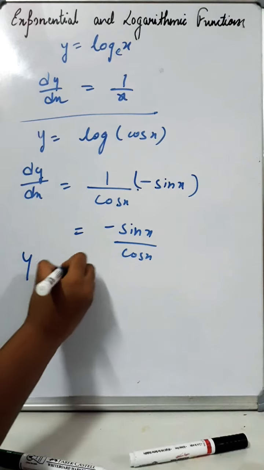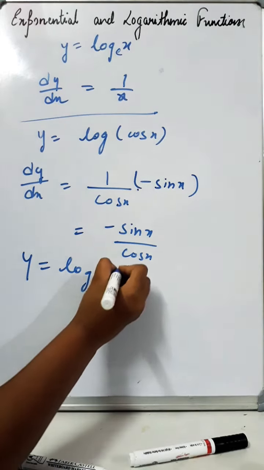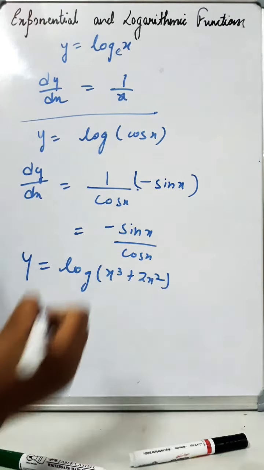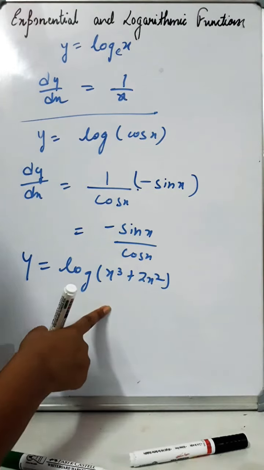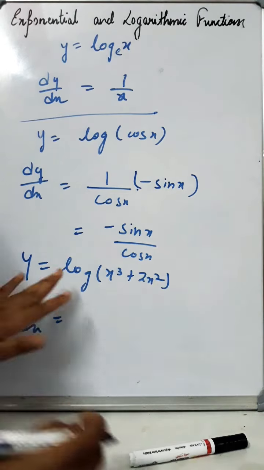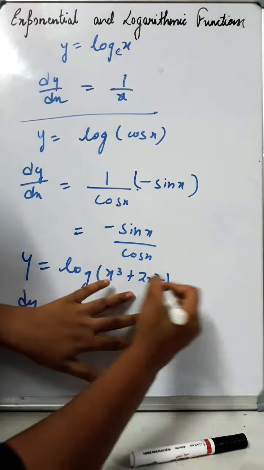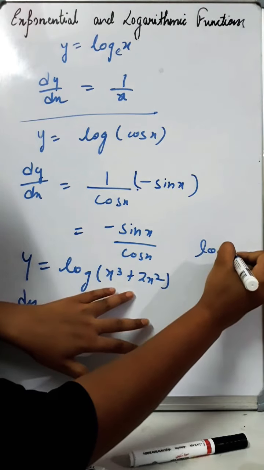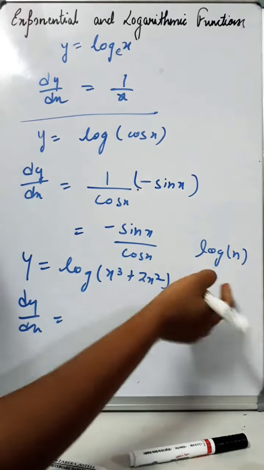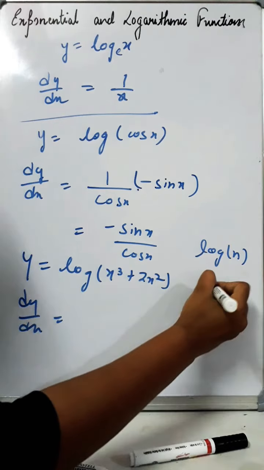Similarly, if it is y is equal to log of x cube plus 2x square, suppose. Alright, and you have to differentiate this. dy by dx, first of all you will treat it as some function of log, suppose log n, and you have to differentiate this with respect to n. So what is it going to give you? 1 upon n only.